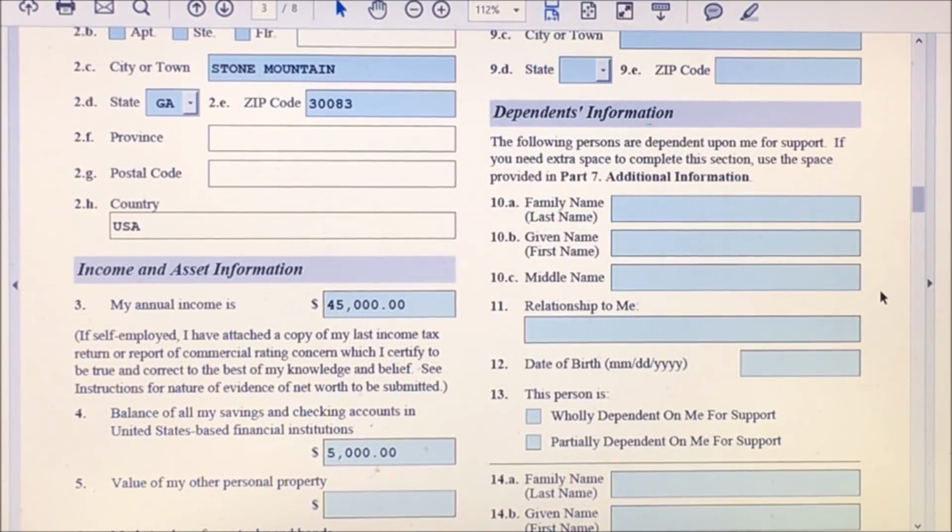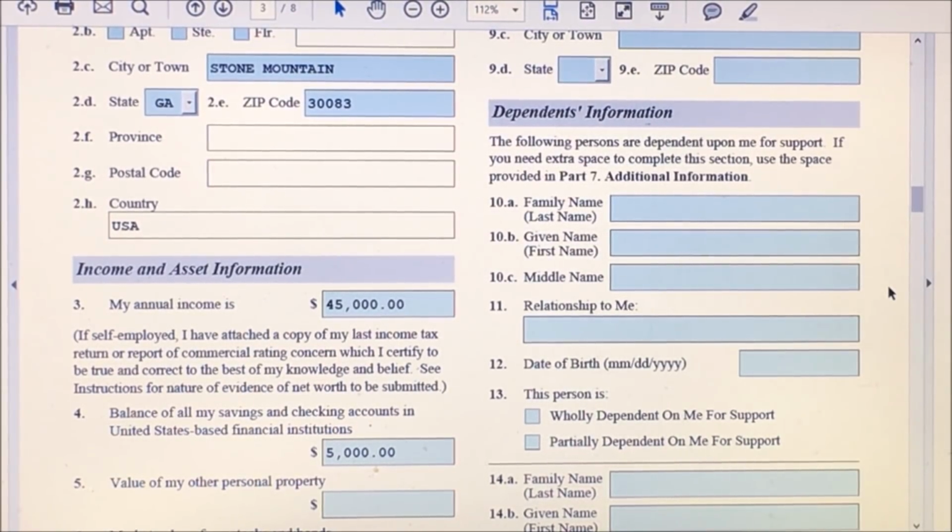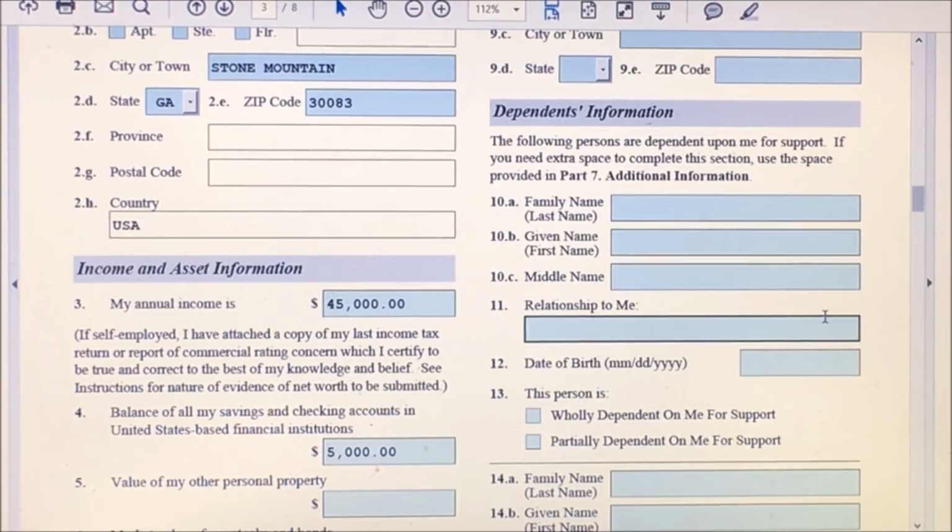He doesn't have a spouse, and he doesn't have kids also. So we just leave it blank here. He doesn't have dependents. But if your sponsor has dependents, he or she just needs to fill out this form. Okay?